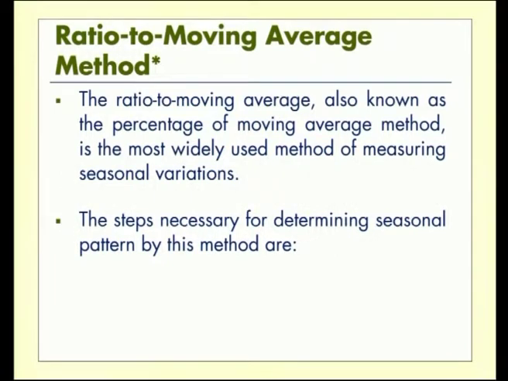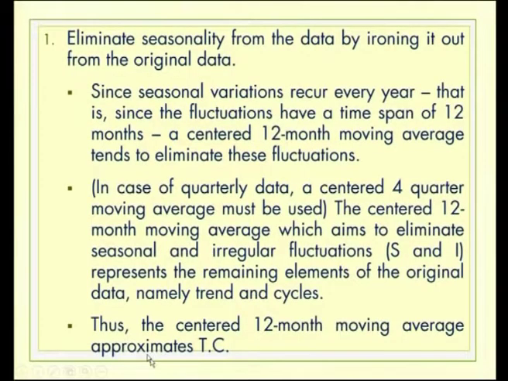So, first of all, the ratio to moving average method. The ratio to moving average method, also known as the percentage of moving average method, is the most widely used method of measuring seasonal variations. The steps for determining the seasonal pattern by this method are: first, eliminate the seasonality from the data by ironing it out from the original data.